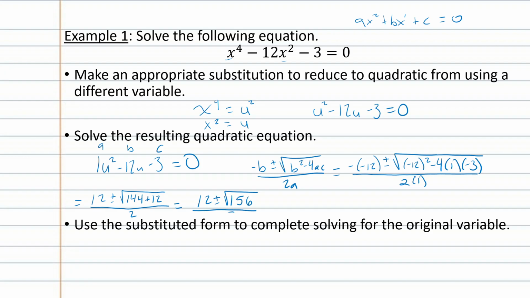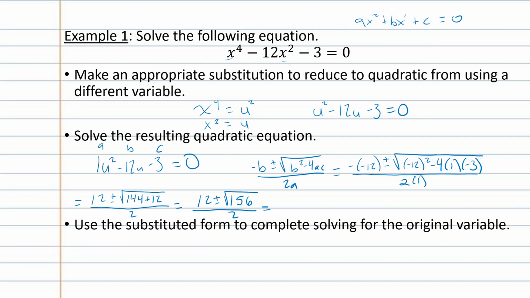all over 2. Now we need to look at that square root of 156 and see what we can break that into to simplify. So let's see, 12 will go into 156 13 times, but 12 is not a perfect square, but 4 is. So 156 divided by 4 would be 39.